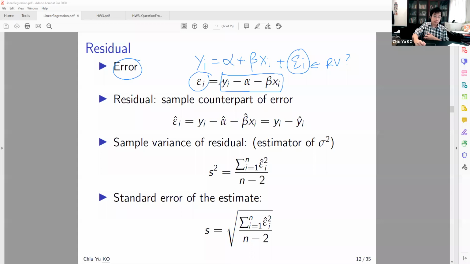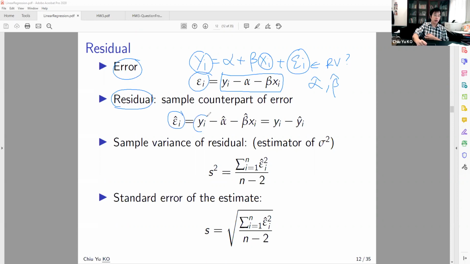But when you observe x and y, and then you estimate alpha hat and beta hat based on the formula, then you can calculate what we call the residual, which is calculated from the actual data.